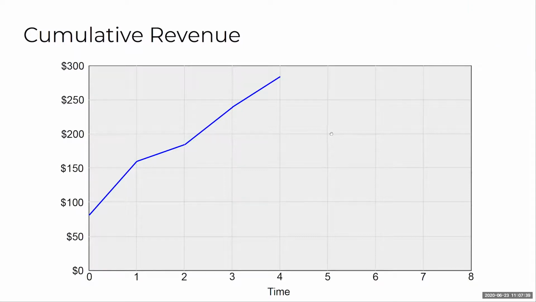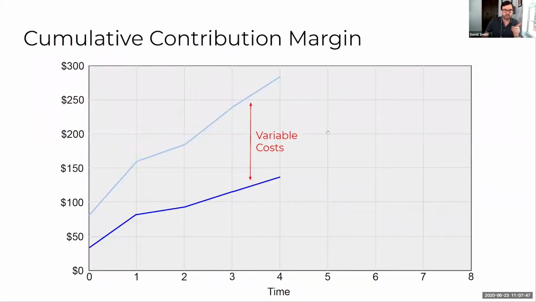Perfect, will do. Okay, so that's cumulative revenue. But like we said, we're not counting revenue as value. We're counting contribution margin. This is net of variable costs. So in this example, you can think of a 50% contribution margin. So instead of $80 in time period 0, it is $40.